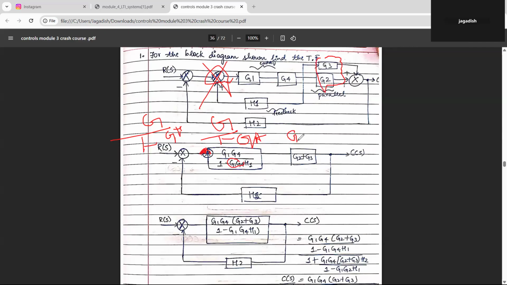Whenever a parallel is there, you have to add it. Whenever it is connected in series, you have to multiply it. This rule you have to remember. Don't get confused. Write and practice. You have to solve more problems.